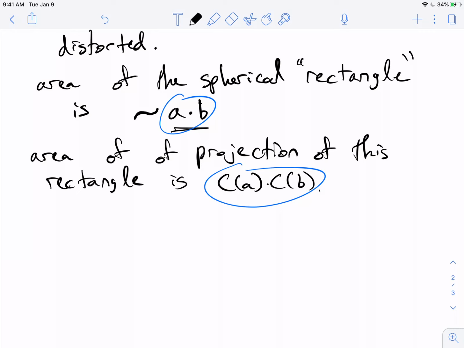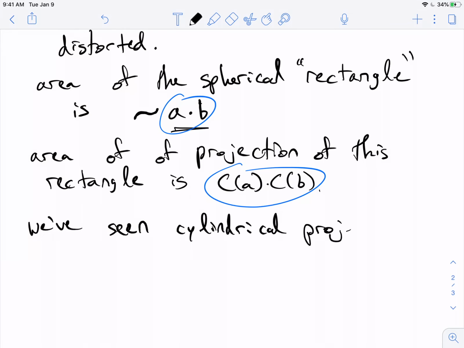Okay, I guess the final thing I want to say, which some of you may be wondering about, is we've seen cylindrical projections in real life. As like real life maps. So for instance, the Mercator projection.